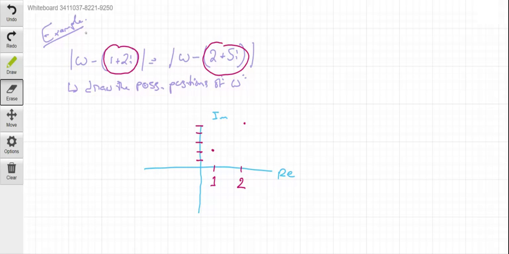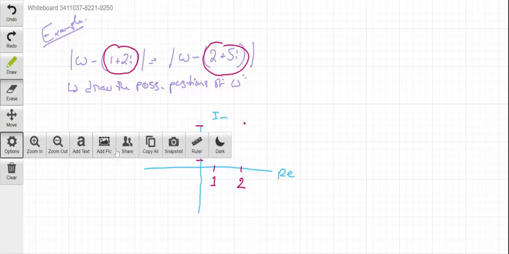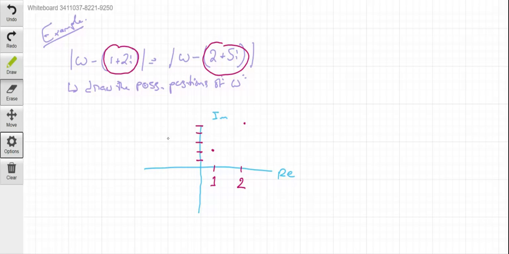So I'm going to erase this. I'm going to attempt to draw a line here. So yeah, here's my ruler, and hopefully that is a better line. But that right here. All right, I'm going to try to complete this.